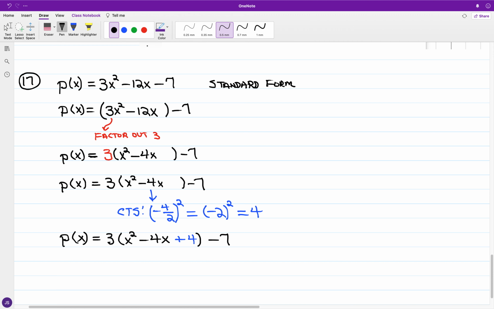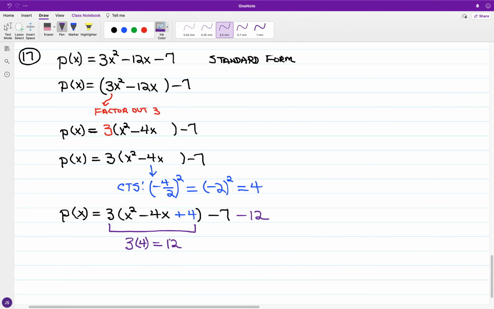And if you notice, as we're adding 4 within the parentheses, you're not just adding 4. Instead, thanks to the coefficient 3 that was factored out, you're actually adding 3 times 4, which is 12. So I'm going to have to offset this newly created imbalance by taking away 12 at the end.